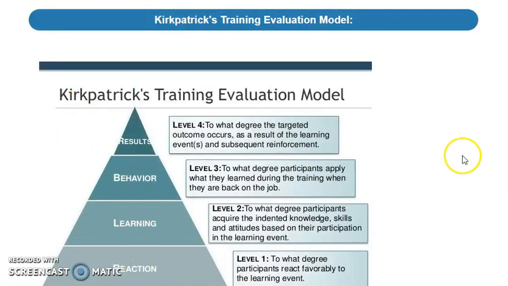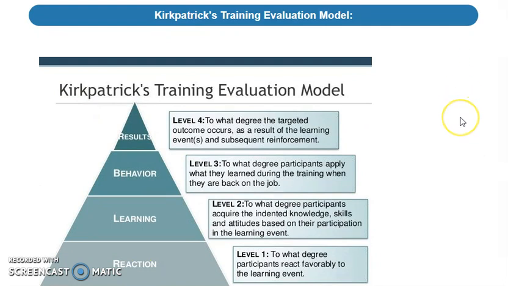It starts at the very basic, looking at to what degree participants react favorably to the learning environment. So basically, when a training session's over, a course is over, the first thing that you look at is, okay, did the participants enjoy the actual course?